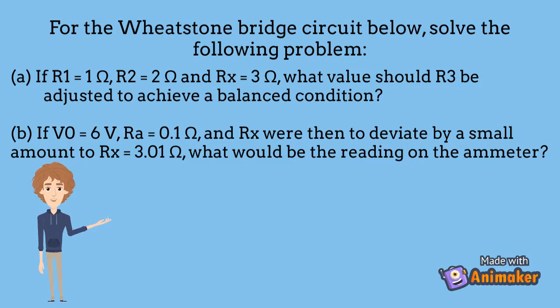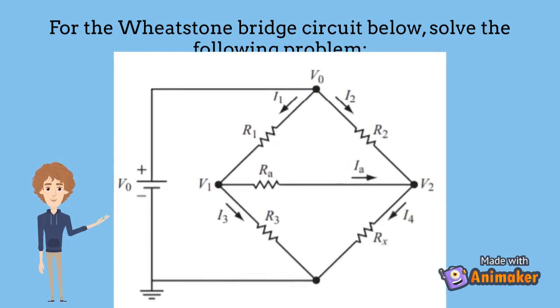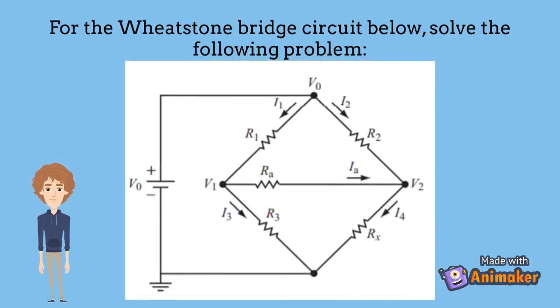B: If V0 equals 6 volt, Ra equals 0.1 ohm, and Rx then deviates by a small amount to Rx equals 3.01 ohm, what should be the reading on the ammeter? So this is the circuit that we are going to discuss today.